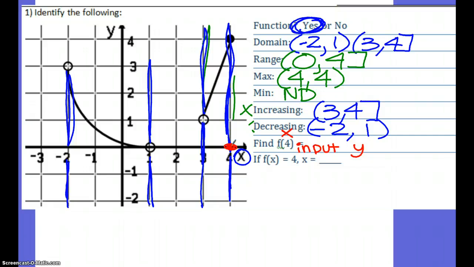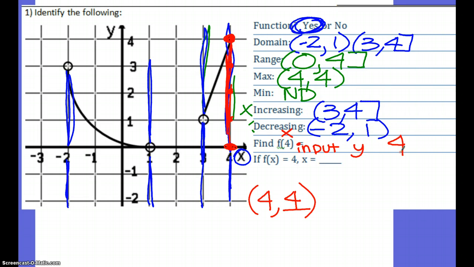Y values go up and down. In this case, to get to the line, we need to go up 1, 2, 3, 4. And that's when we hit the point. So notice that that point is 4, comma, and we just found that the y value is 4. We had to go over 4, up 4 to get there. So 4.